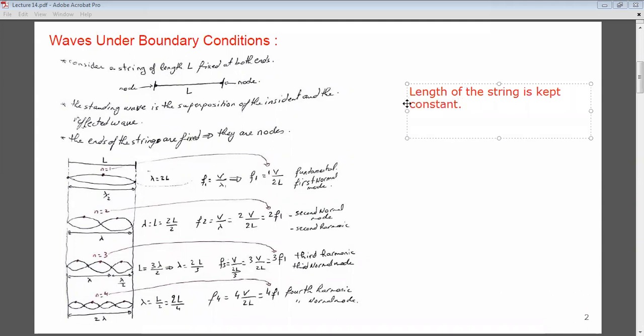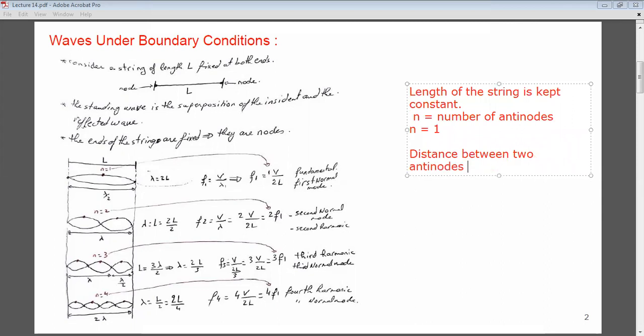Now, if I have only n equal 1, that is, I only have one standing wave or one antinode. So let's say that n is the number of antinodes. If n is equal to 1, remember that the distance between two antinodes is lambda over 2.